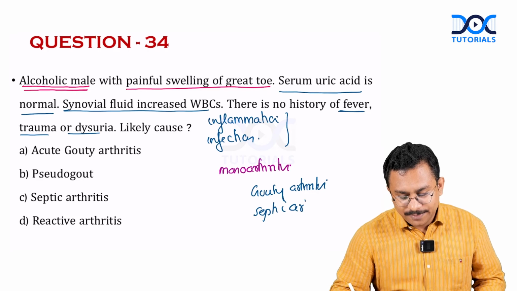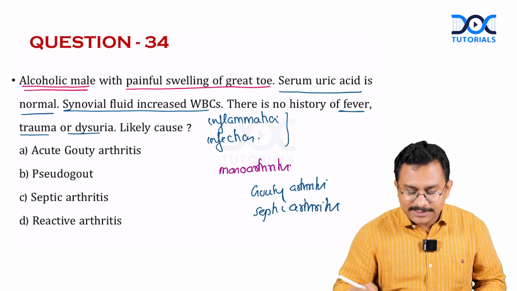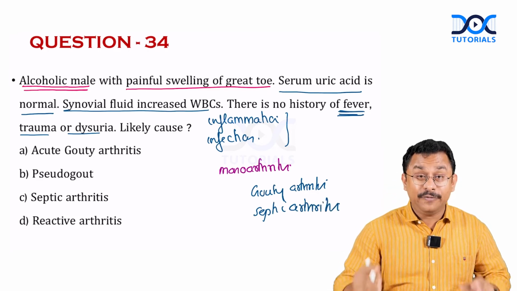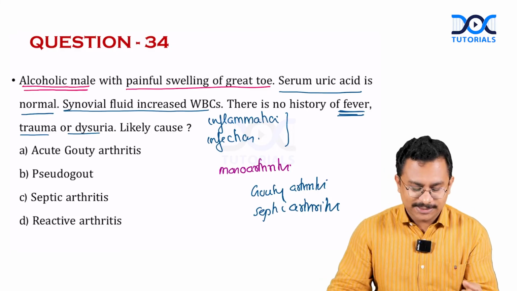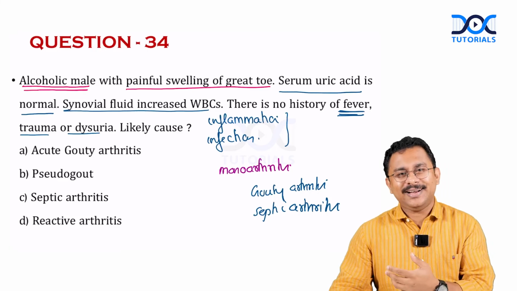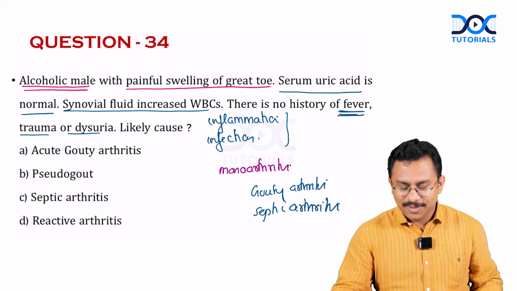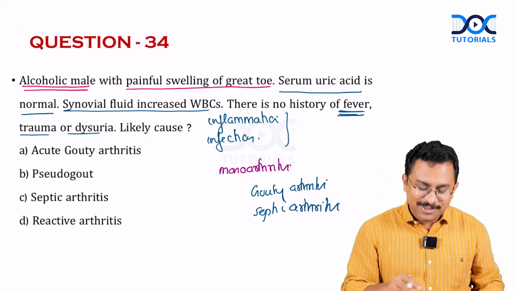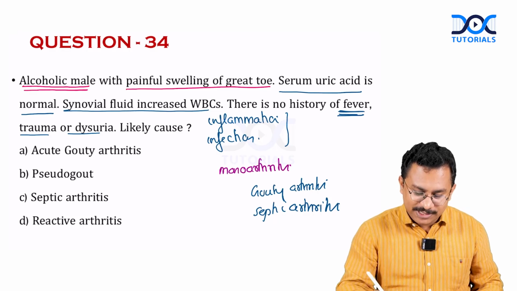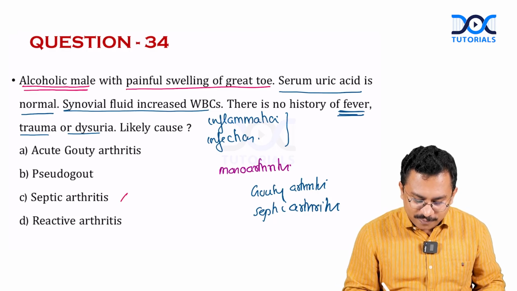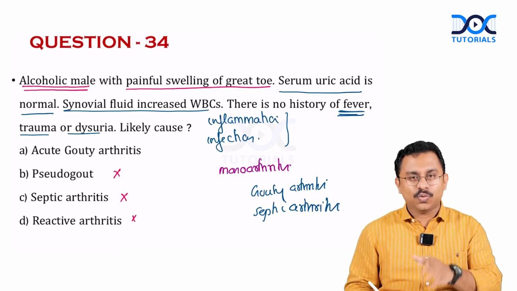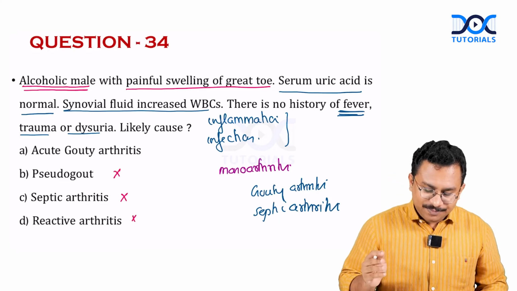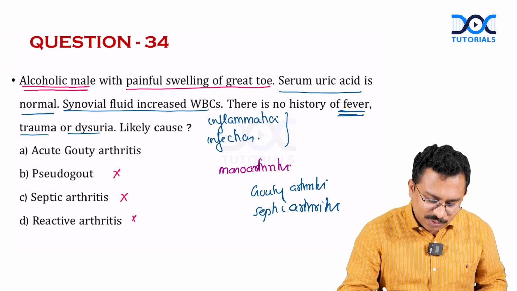In this case, since the patient is not having any fever, it's very unusual for a septic arthritis to present without any foci of infection. There is no foci of infection mentioned in the history, so I do not want to think of septic arthritis, and pseudogout and reactive arthritis are also ruled out. So what is a likely diagnosis here?